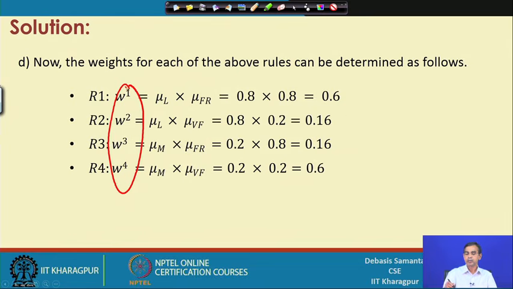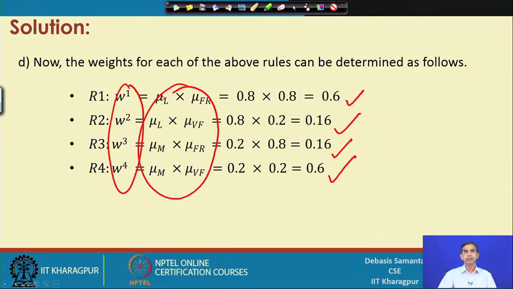For rule 1, the value obtained is 0.6, for the next rule the value obtained is 0.16, and like this. These values can be obtained based on the membership values in the context of the current input, so far as I 1 and I 2 are concerned. So, W 1 can be calculated.